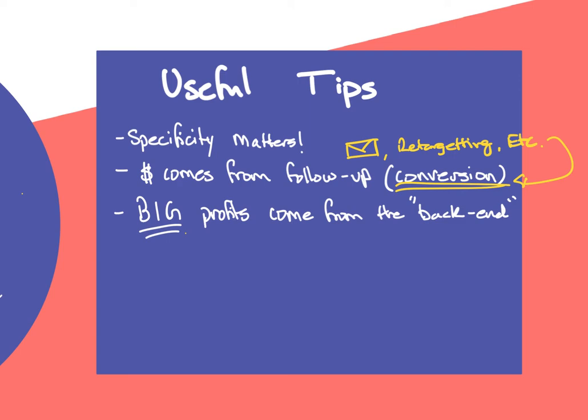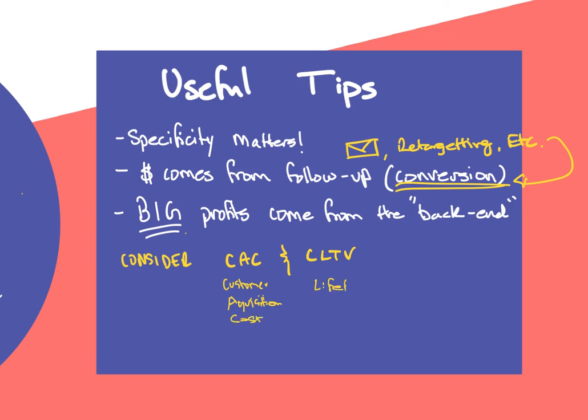And the last thing is, big profits always come from the back end, all right? If you're selling something and the first thing you sell is an easy sell just to get them into your ecosystem, you're running advertisements, what you spent to acquire that customer and how much you make in revenue may cancel out. Maybe you make a little bit of money, okay? But the big profits that you're going to make are going to come from selling more products, more services on the back end.